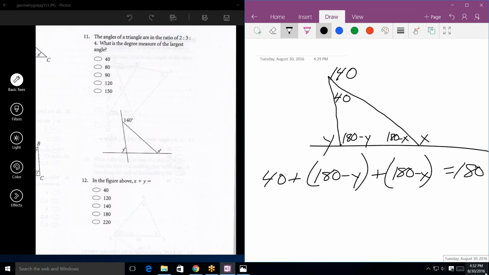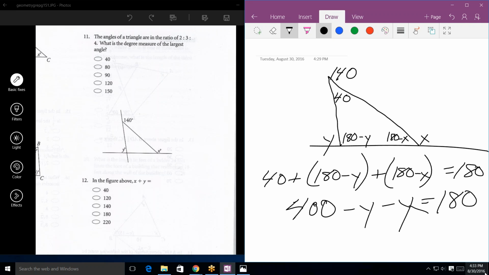Right. Now if I remove all my parentheses, I get 400 minus y minus x equals 180.